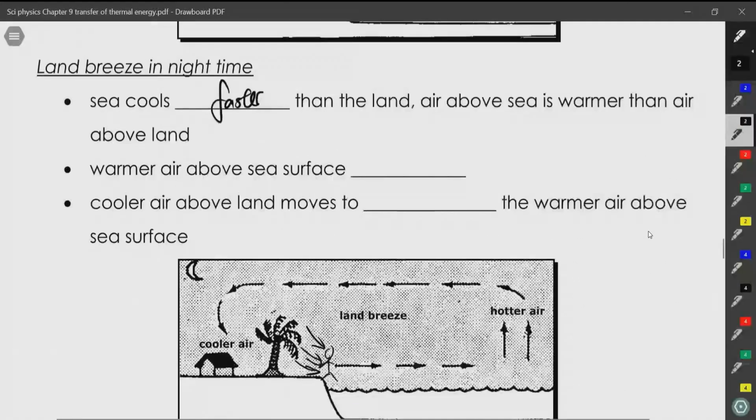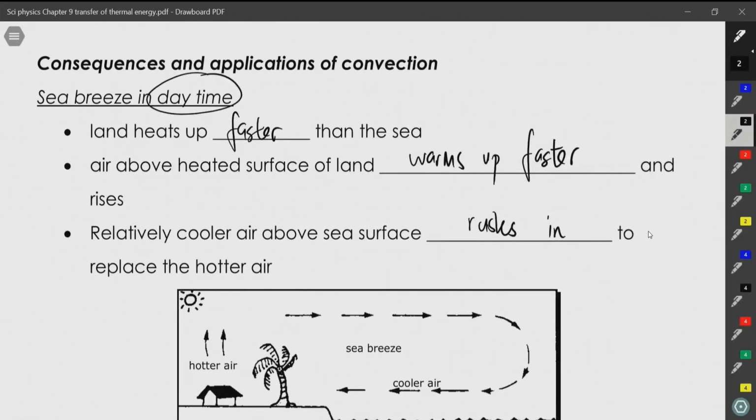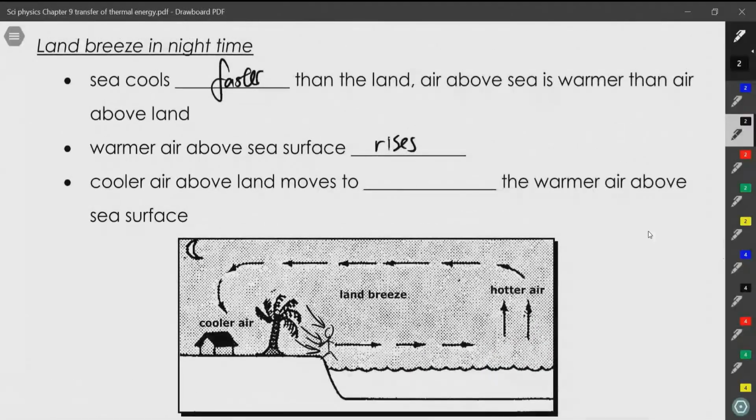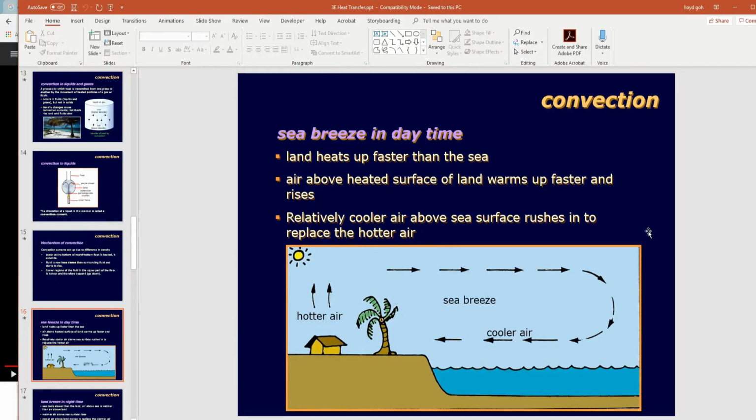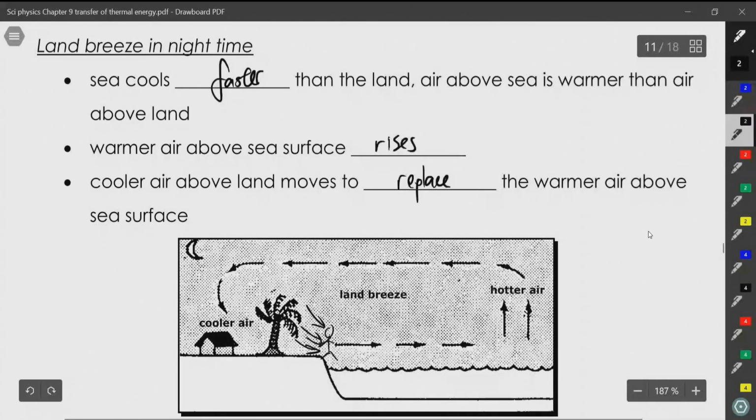Warmer air above the sea surface rises, and cooler air above land moves to replace the warmer air above the sea surface.